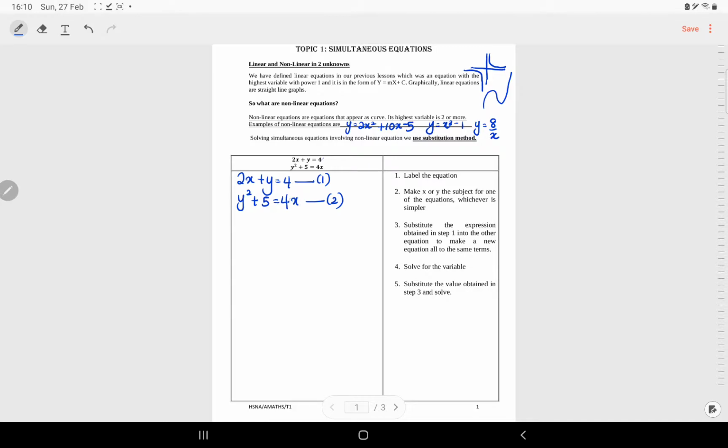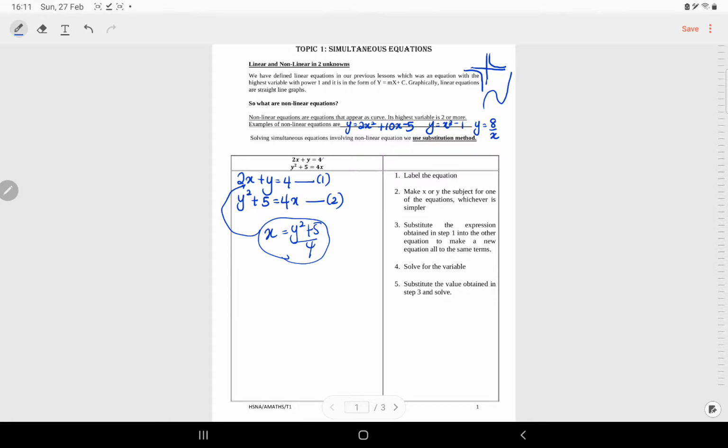If I make x the subject, I will have y squared plus 5 over 4. We can substitute that into here.